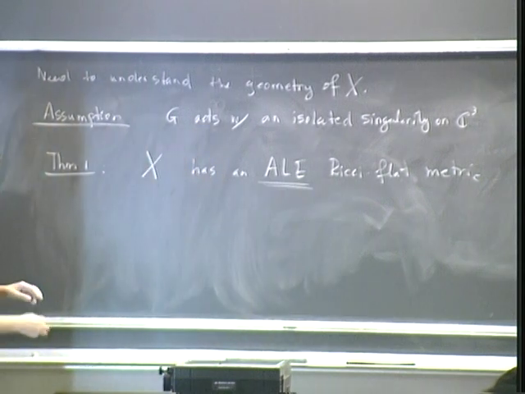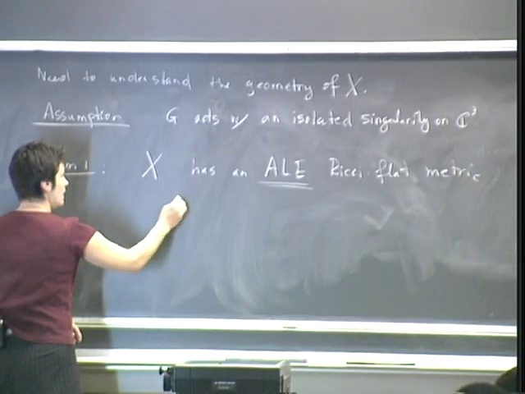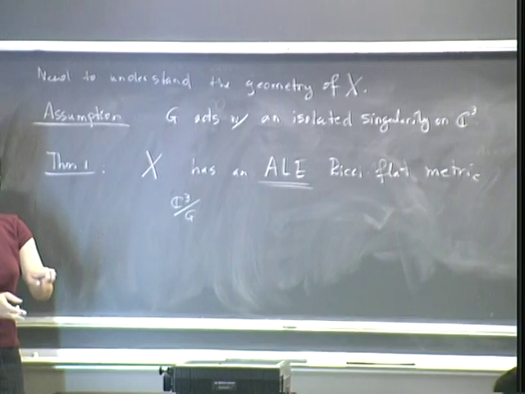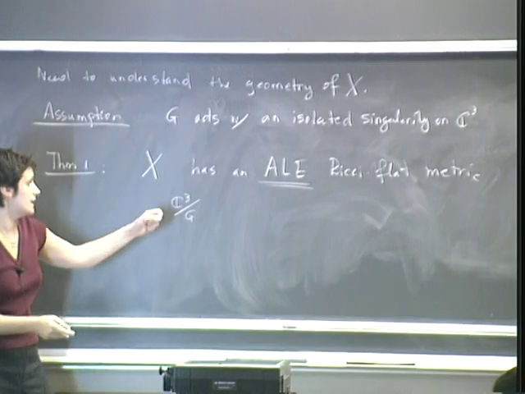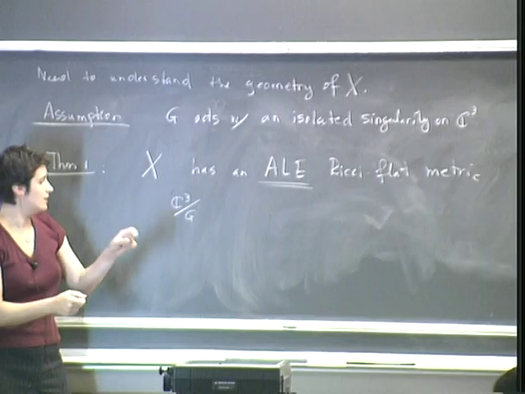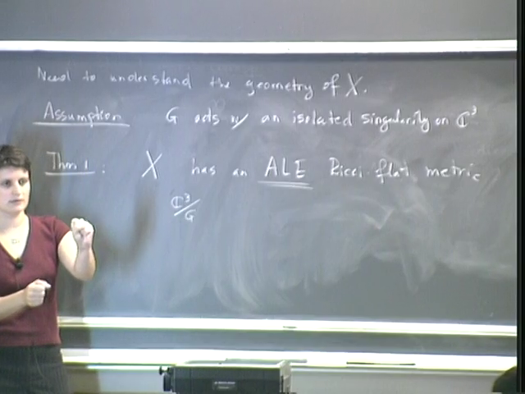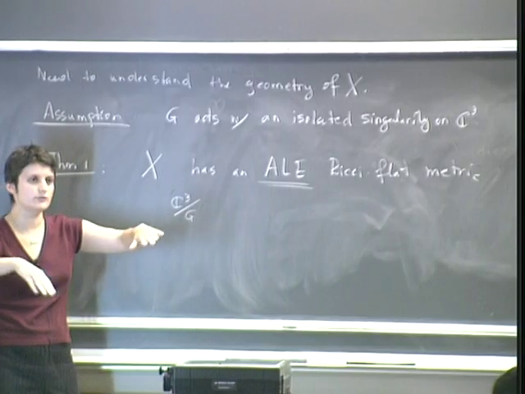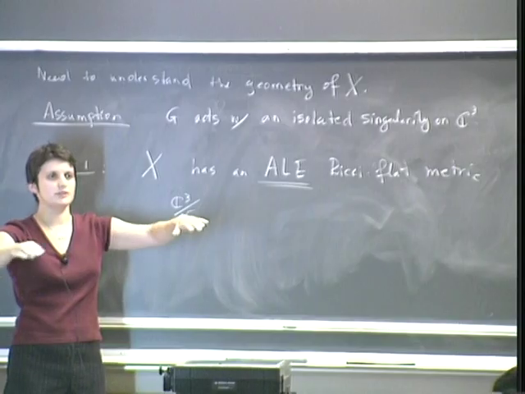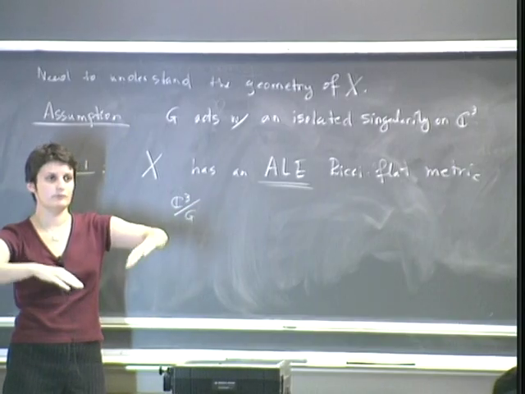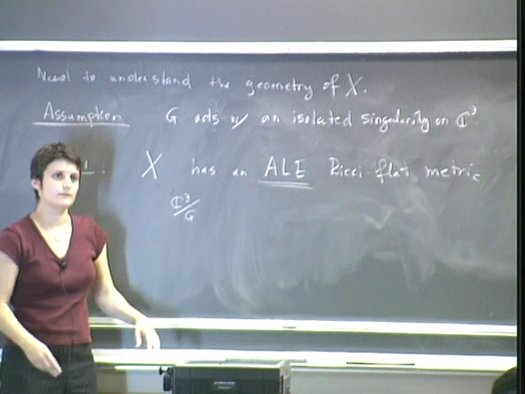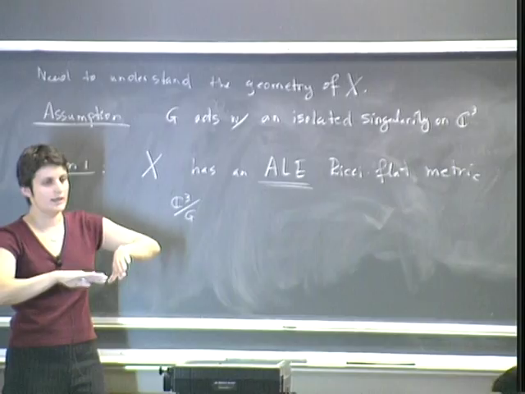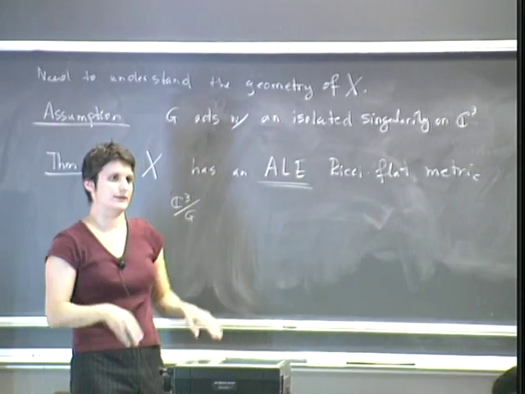So what does it mean to be ALE? Because G acts with an isolated singularity on C3, when you look at the orbifold C3 mod G, there will be this very singular point at the origin, but towards infinity it will look like C3 minus a point mod out by this group. It will be fairly smooth, locally Euclidean, and it will grow asymptotically.